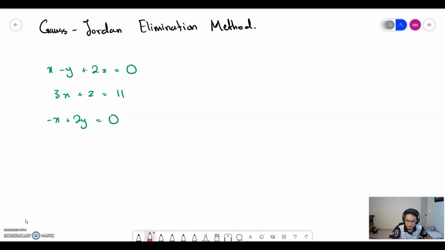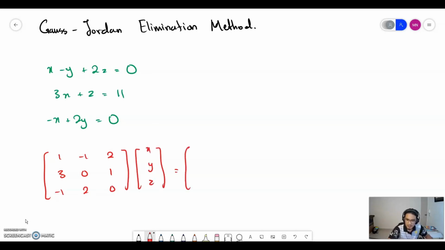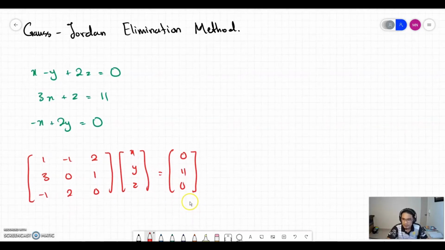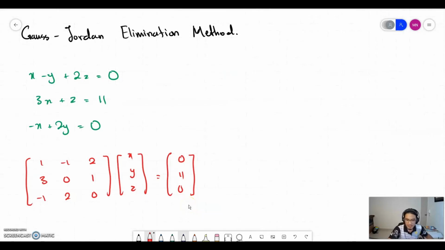Okay, so firstly we transform it into the form of AX equal to B, 1, negative 1, 2, 3, 0, 1, negative 1, 2, 0, times X, Y, and Z equal to 0, 11, and 0. Okay, so in order to use Gauss-Jordan elimination method, what you need to write down is the matrix of A and B placed together and separated by a line.